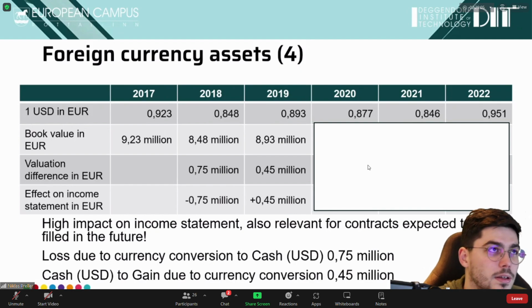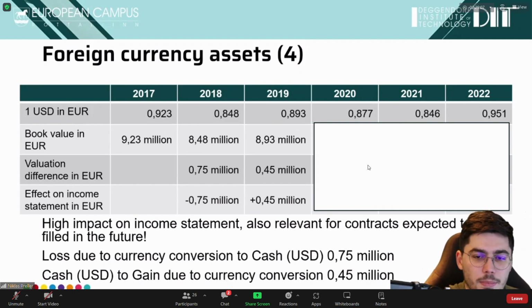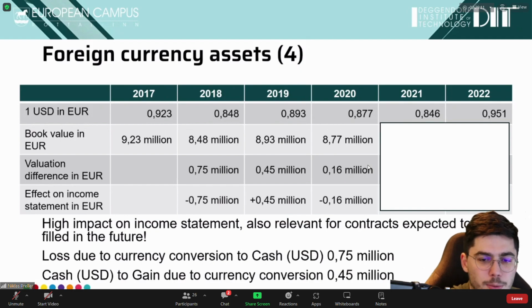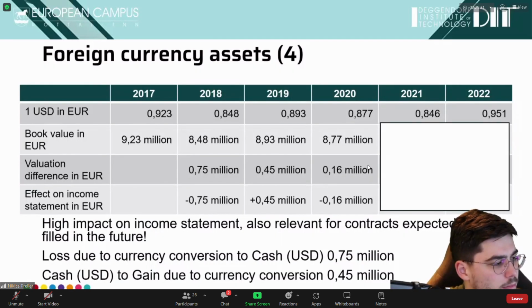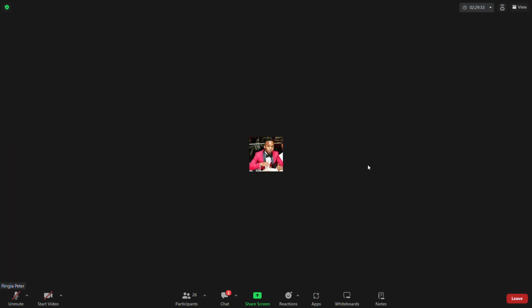And the next years work the same way. So we have in 2020 then a 160,000 loss. So we expect the 2020 will be the loss.